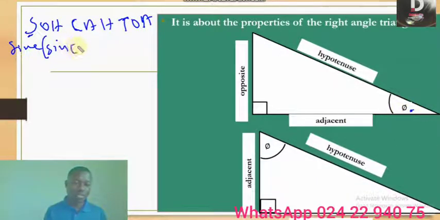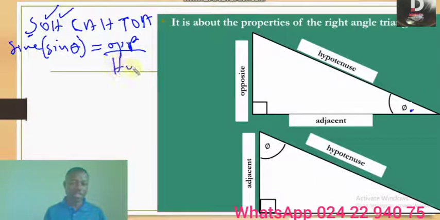So sine theta must be equal to, O stands for the opposite, over capital H, which stands for hypotenuse. So if you identify it and you know the angle, you put them in place and go. Whatever is missing is change of subject, which you are going to see.